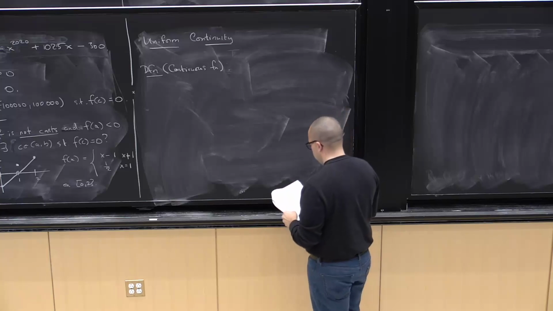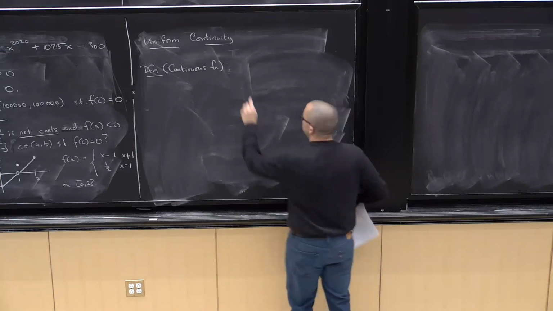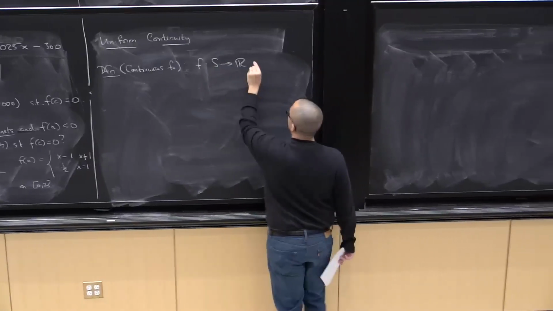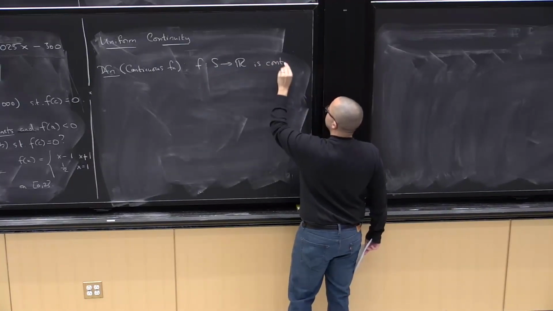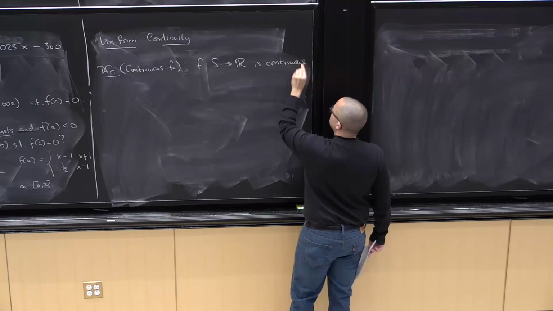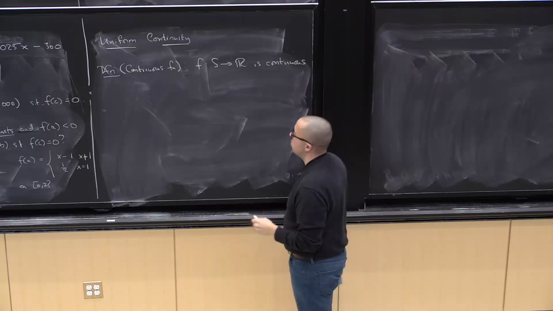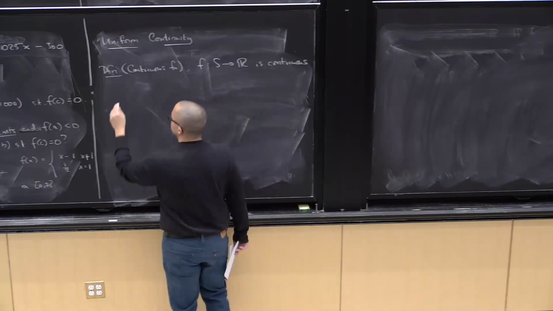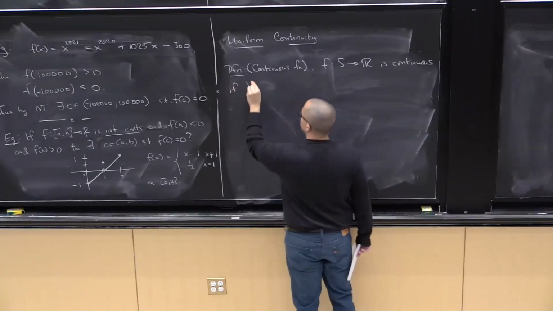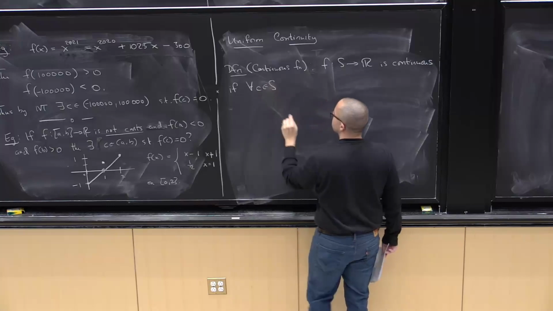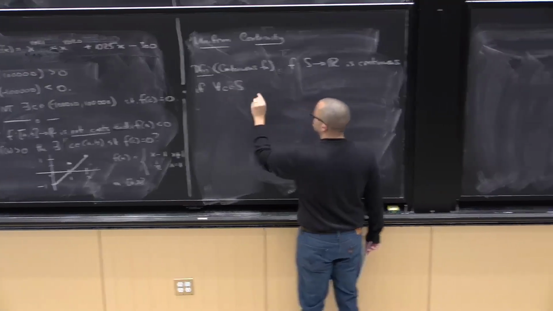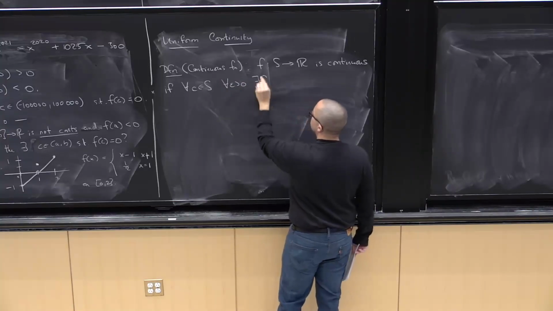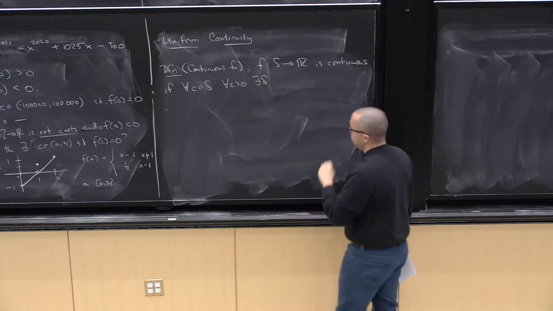So a function f from a set S to R is continuous. So we said that means it's continuous at every point, meaning for all c in S, it's continuous at c, which means for all epsilon positive, there exists a delta.